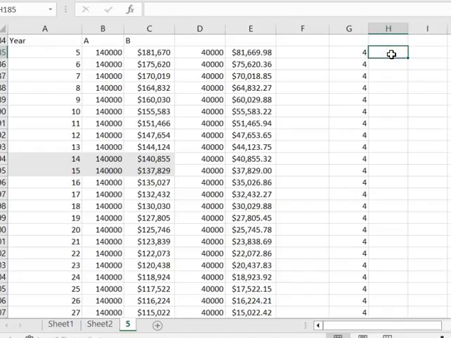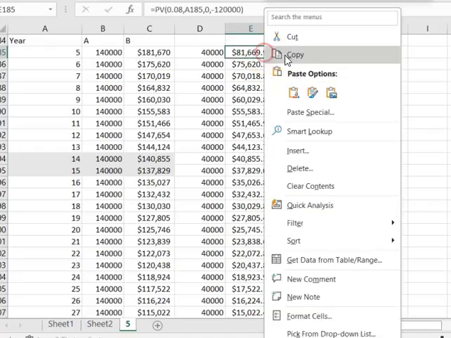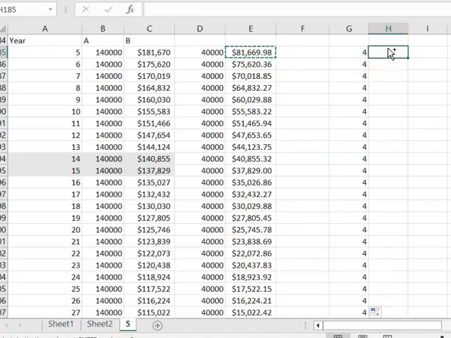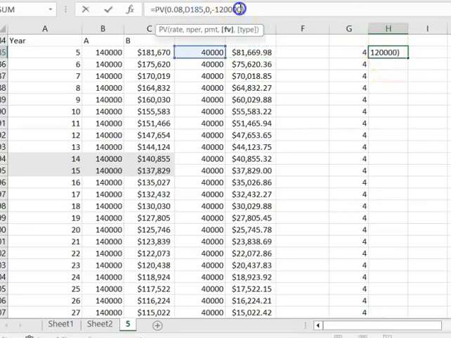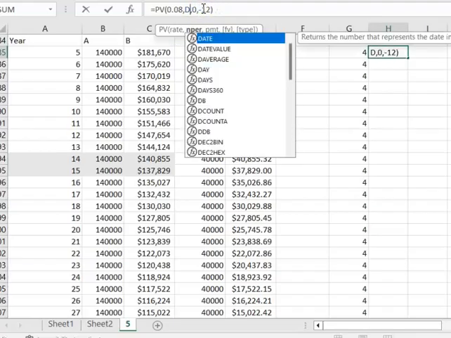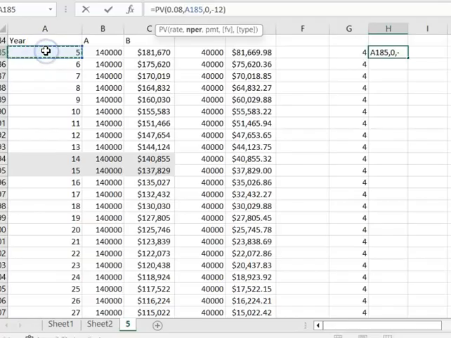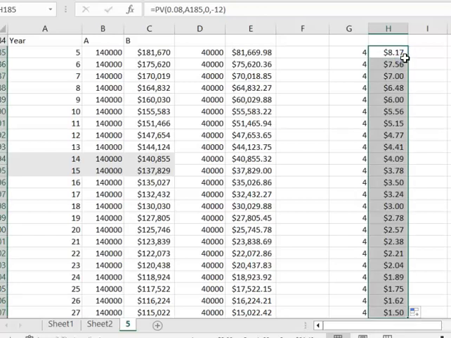And here, I'm not going to put $120,000. I'm just going to put 12. And for the year. So you see, I call this way of handling things more adventurous.